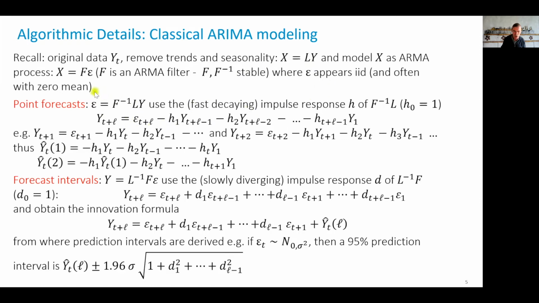And I will write epsilon is equal to f^-1 L. Epsilon is the filter applied to y, and if I apply this by putting all the y's on except the first one on the left, that gives me this equation here that we have seen many times.